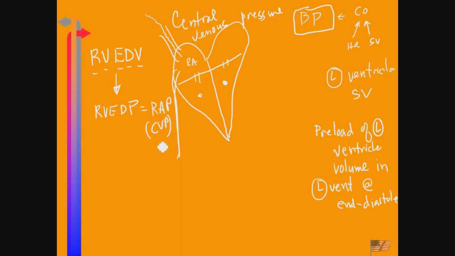The CVP is a pressure measurement taken inside the right atrium, or thereabouts, and allows us to evaluate how much volume is in the right ventricle just prior to contraction.